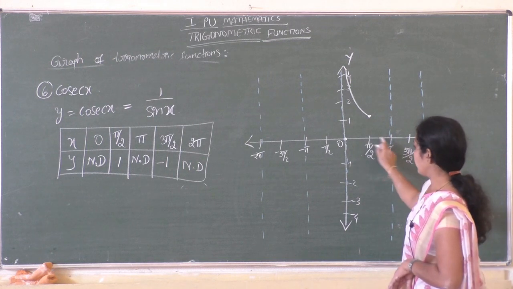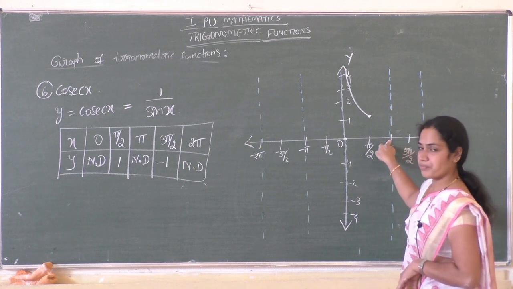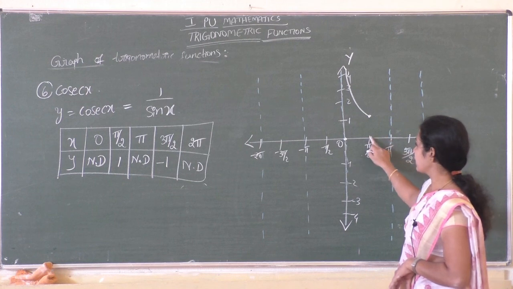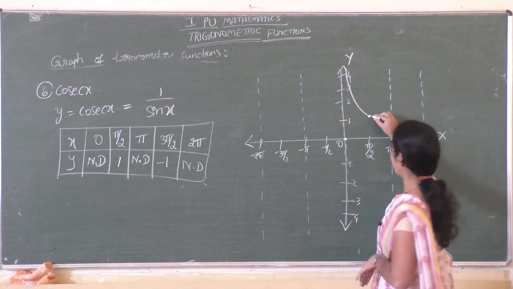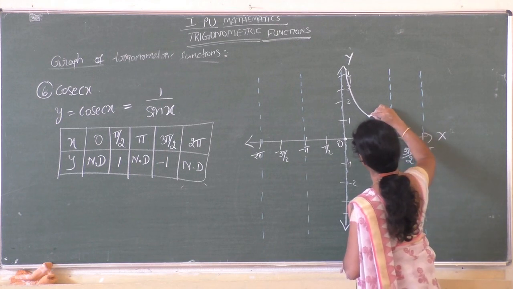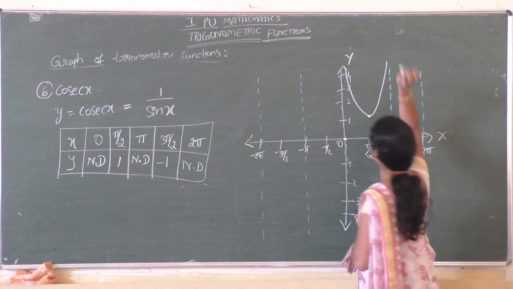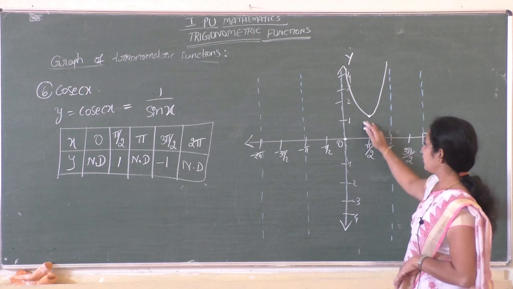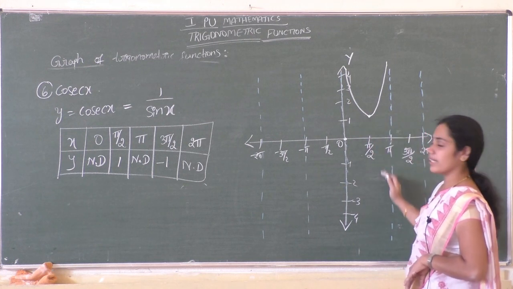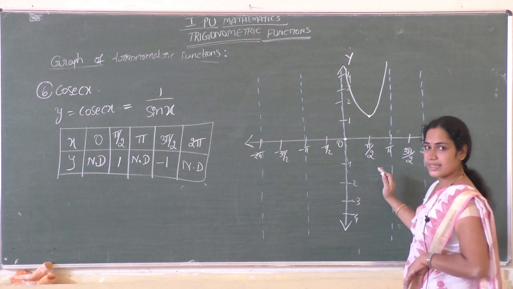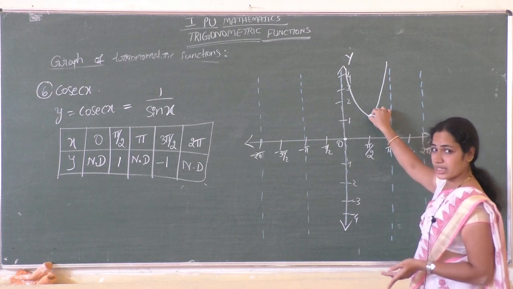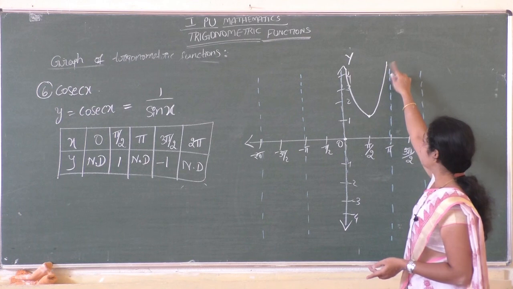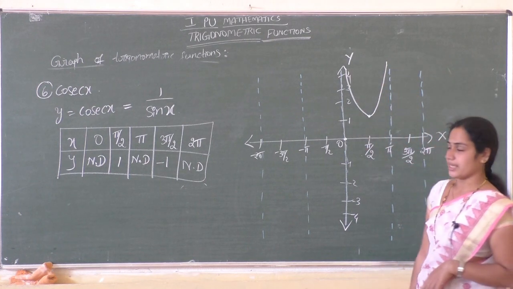Then in the second quadrant, pi by 2 to pi, sin is positive, so again it increases from 1 to infinity. Since it is positive and not defined at pi, it goes up to plus infinity.